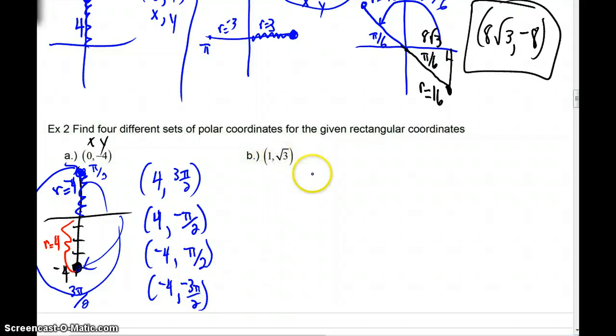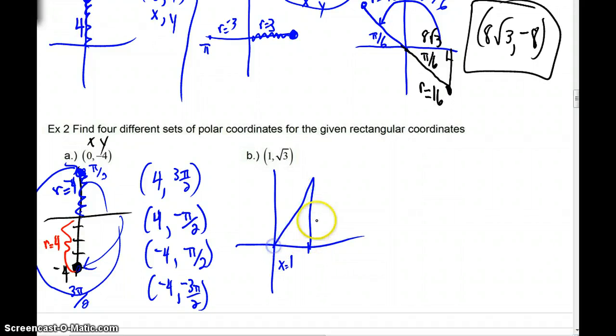Real quickly, 1 comma root 3. Well, we're going to go one step to the right, and we're going to move up root 3. But once again, if we paid attention to the 30, 60, 90 right triangle, we might remember a, a root 3, and 2a. We can definitely also use trig and the Pythagorean theorem to help us out. But hopefully we'd know that this a is equal to 1.